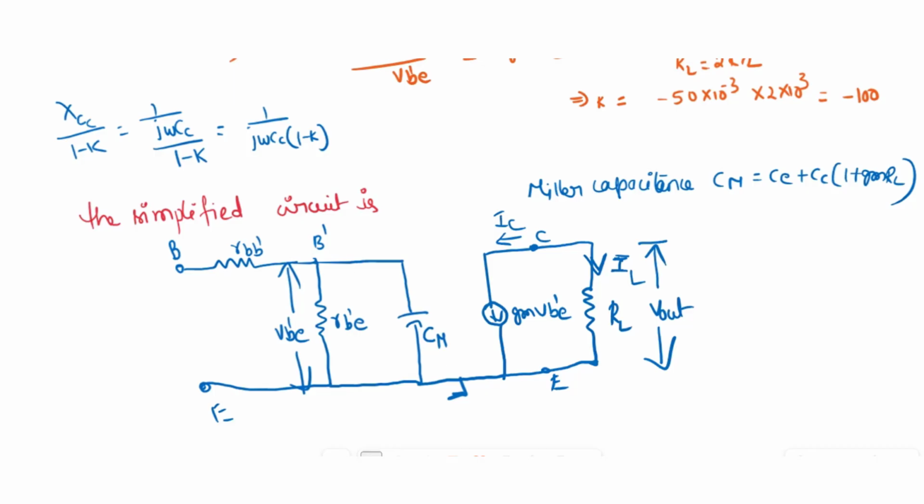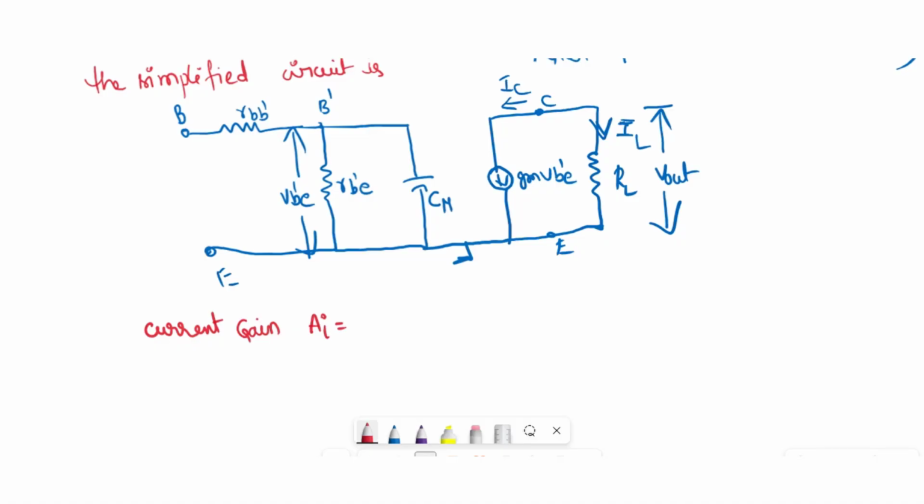Now we'll move to the current gain AI, IL by II. What is IL? Minus IC. IC is GMVB dash E. So the input side, let it be II. What is II? I'll go for voltage into conductance. I explained it in the last concept, CE short circuit current gain.